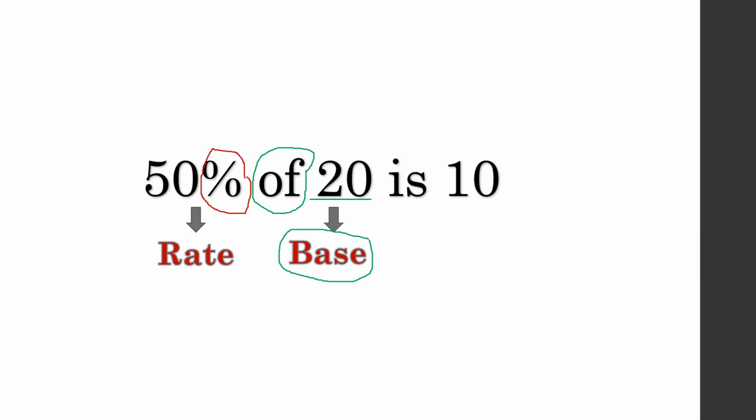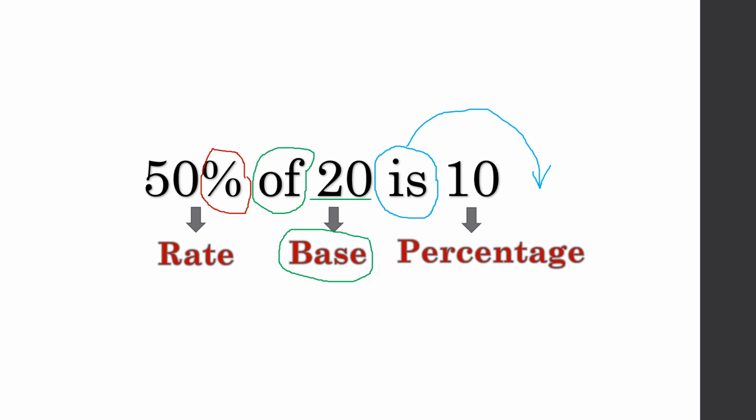And the last one, kapag ang number ay preceded by the word is. Minsan yung is na yan nasa unahan, minsan nandito yan. Ang tawag dyan sa number na yan ay percentage.